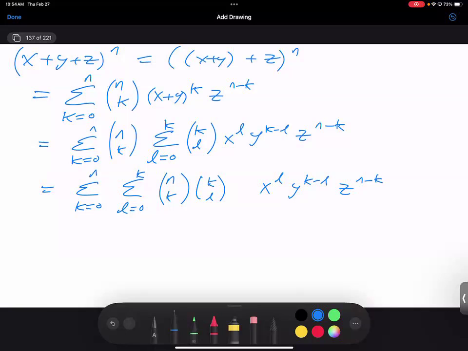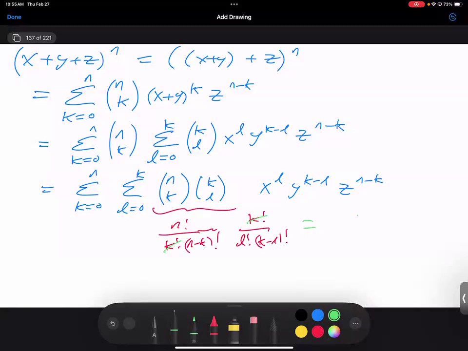All right, let's analyze this quantity. This is n factorial over k factorial, n minus k factorial. Oh, did I make a mistake? No, this is okay, this is fine. And then over here, I have k factorial over l factorial, k minus l factorial. When you look at this, what do you notice? Yeah, so the k's cancel.